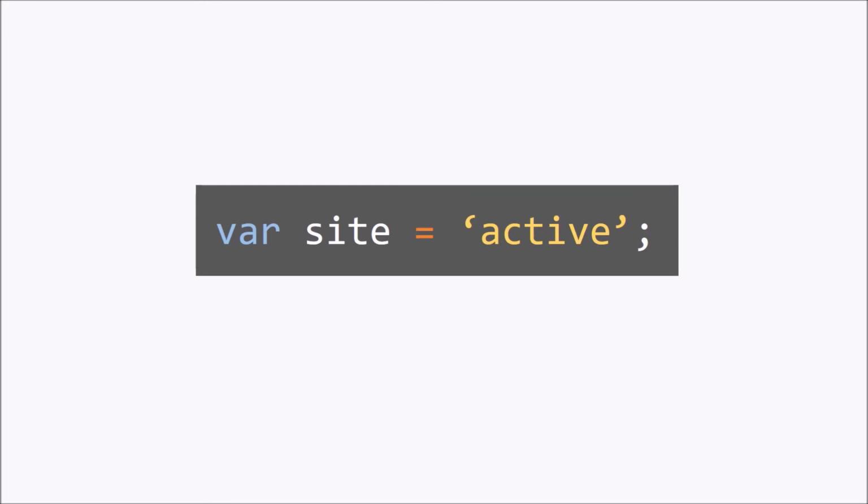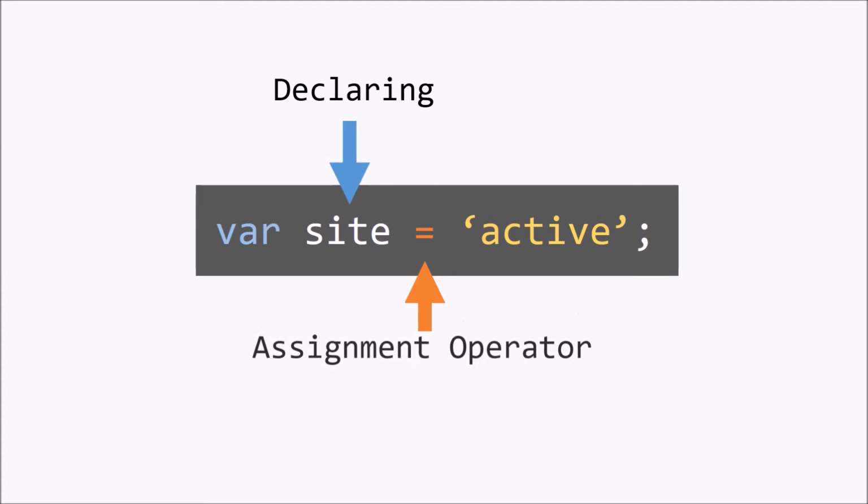Alright, so far we've just been covering numbers, but there are other things that you can load up into your variable truck. So, for example here, this is what's known as a string. So you still declare the variable using the var notation, and then you use the assignment operator still.